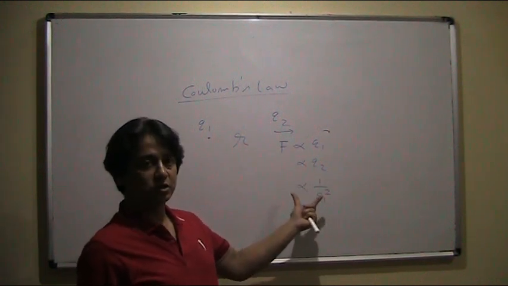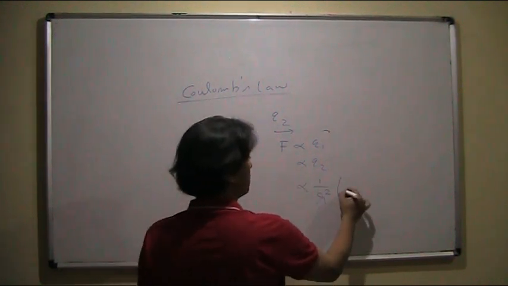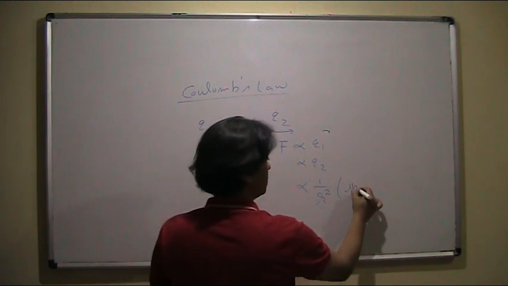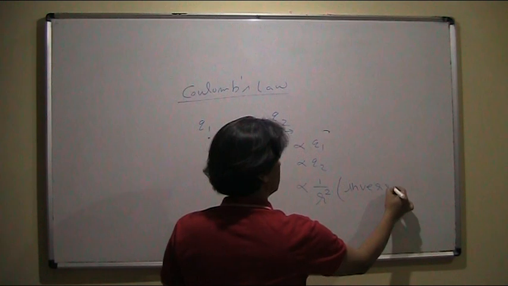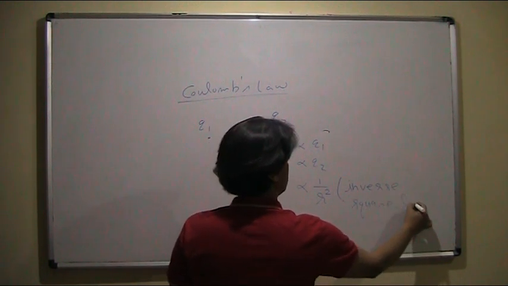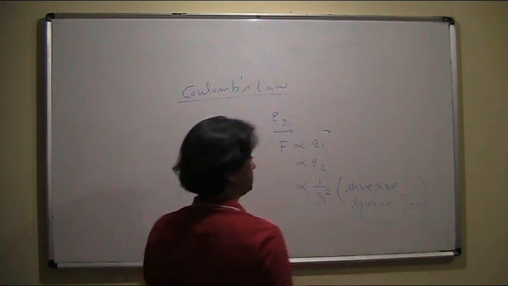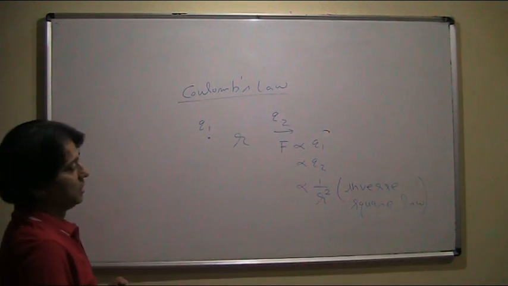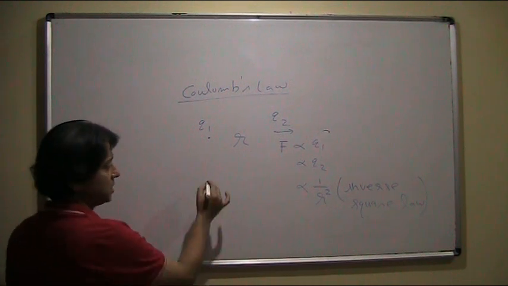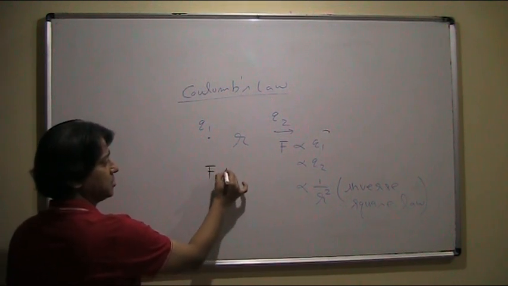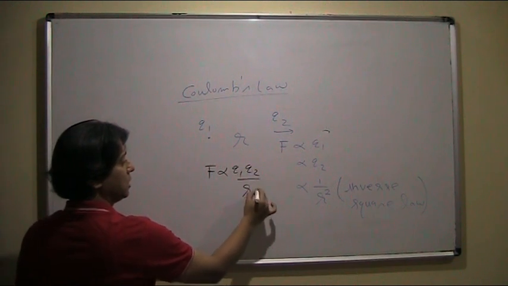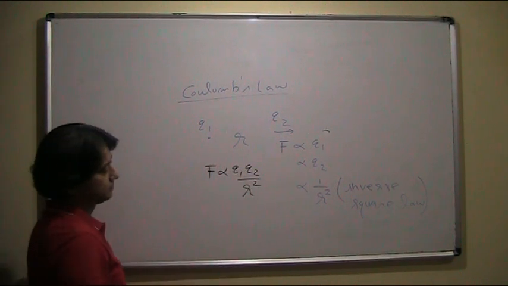Because of 1 upon R square, it is also called inverse square law. When you group all three things, it becomes F proportional to Q1 Q2 upon R square.